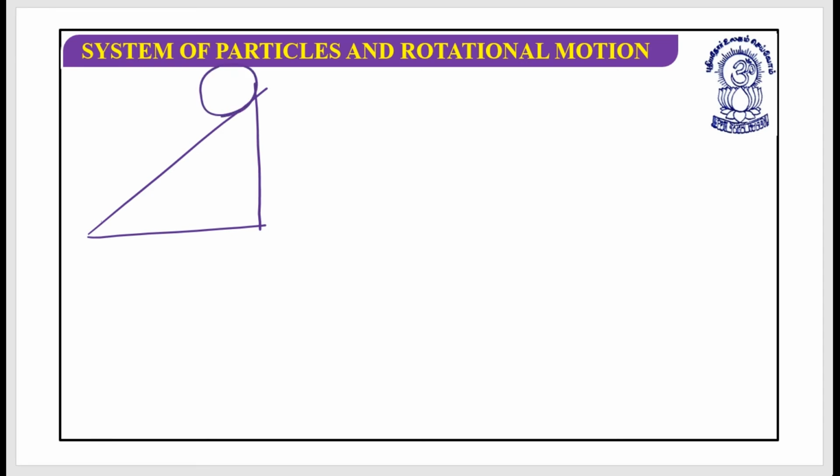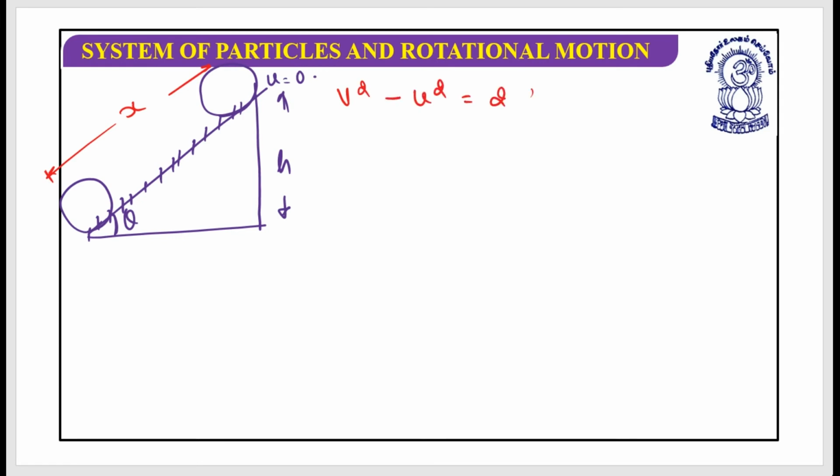So it was initially here, finally here. This angle was theta, this is at h, and we understand that this has a friction. It has been released from here. We have already derived the velocity. Now it's the turn for the acceleration. Let's suppose this distance is x. So we can write v square minus u square equals 2ax.